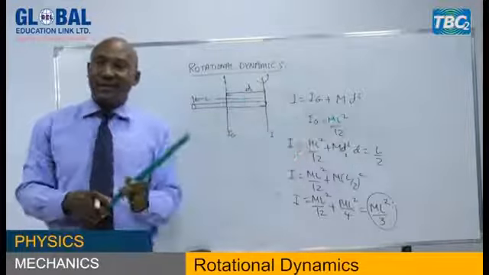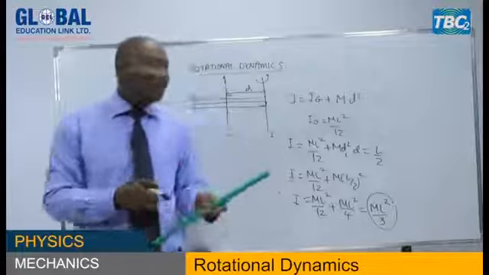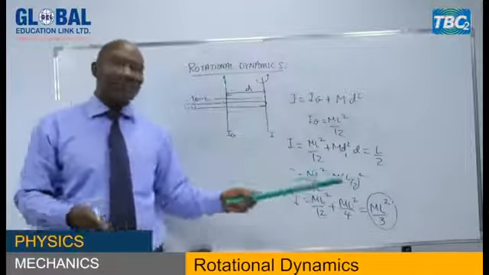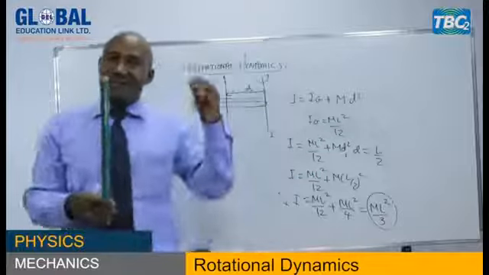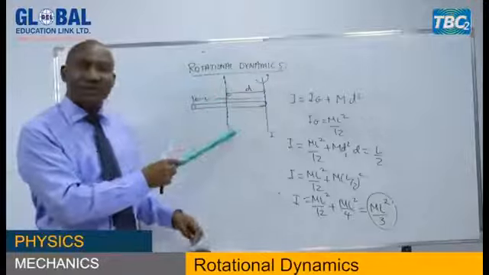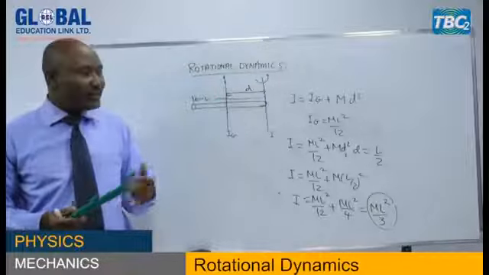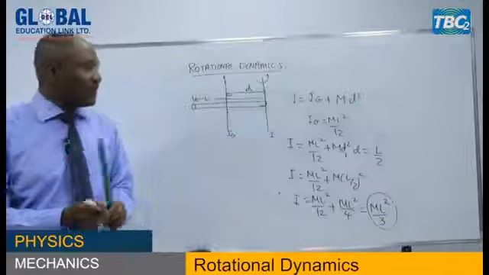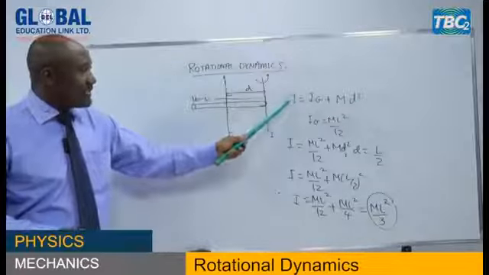In competence-based questions, you might be given the moment of inertia about the end and asked to find the moment of inertia about another axis, parallel to that, but passing through the center of mass. Easy. You consider the same formula. You're looking for Ig. This time I is given.